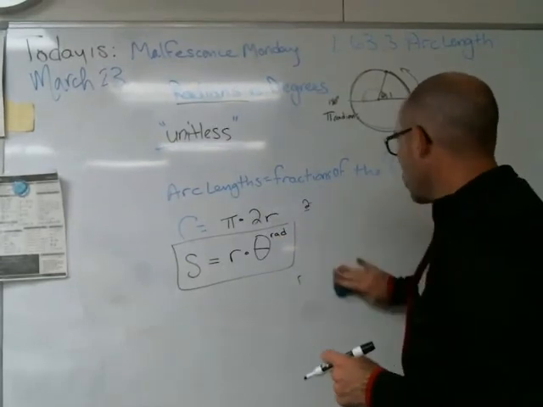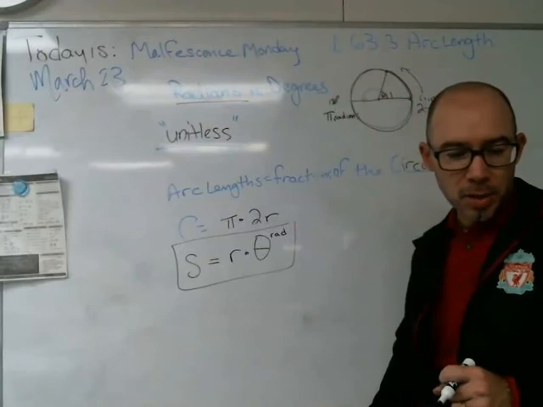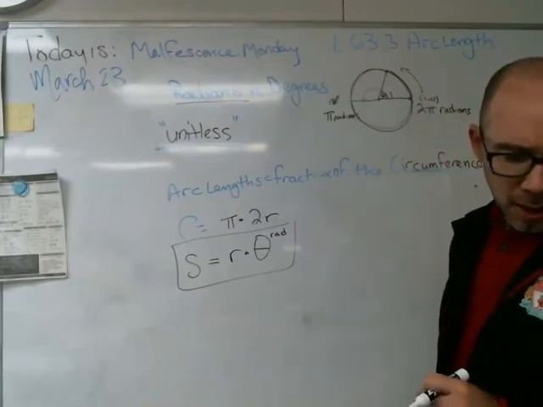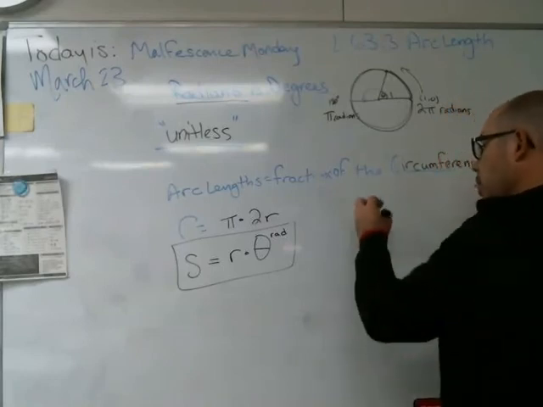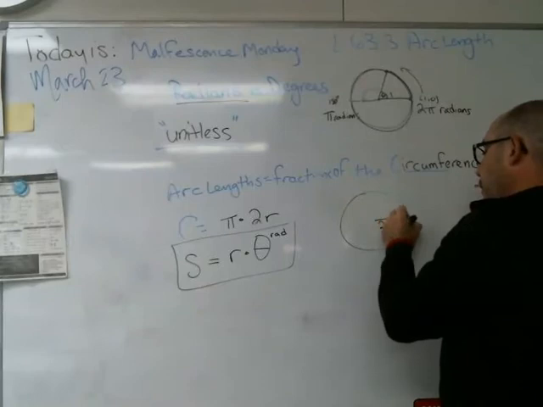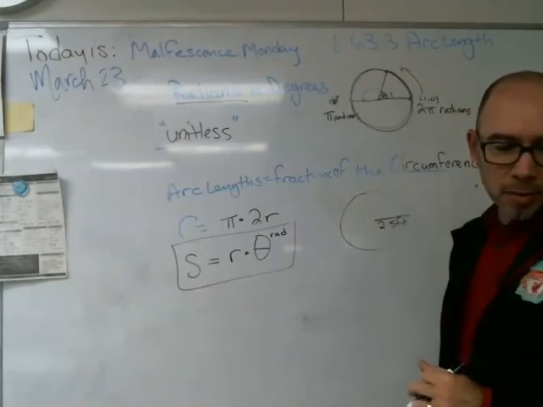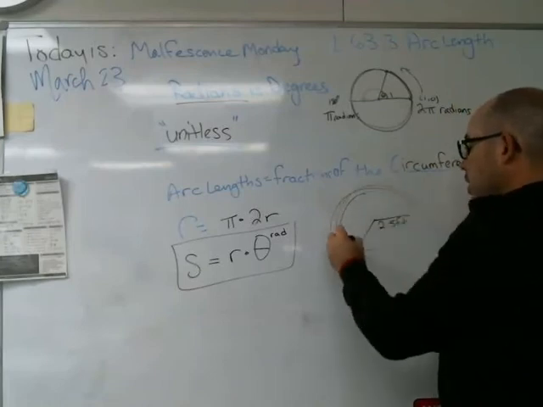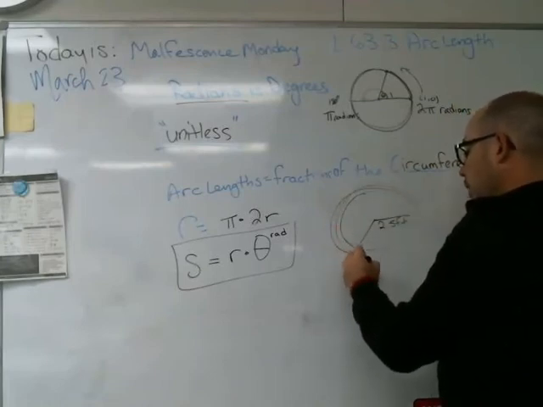Now, there's one question in there where I think they start off with the angle in degrees. They got a circle with a radius of 2.5 feet or something like that, and they want us to rotate that 225 degrees. They want to know the distance to get to 225 degrees.